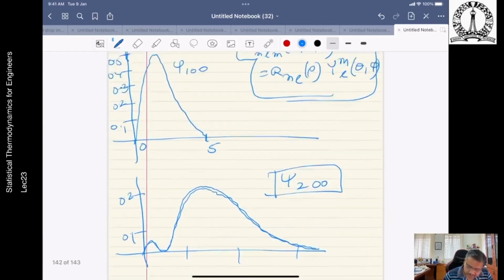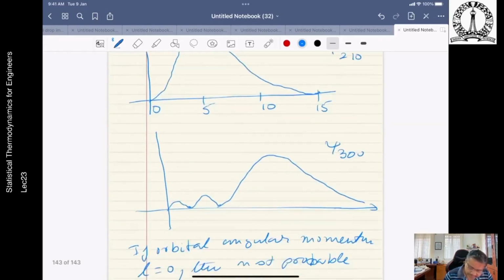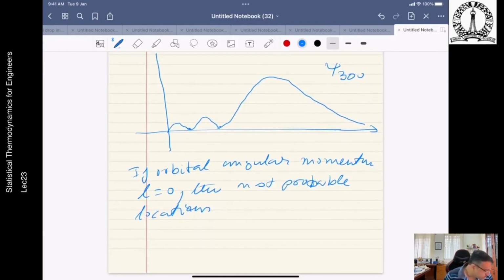So these are the most probable locations, and they are as shown in the figure above and also in the book.